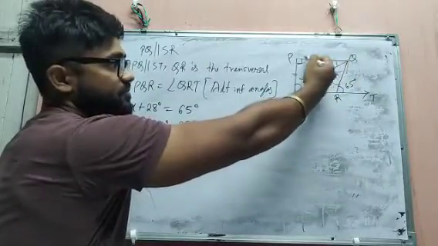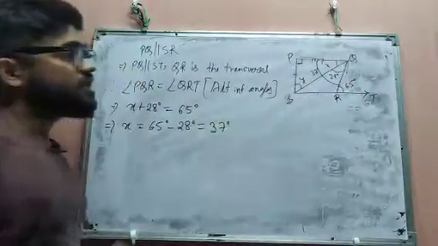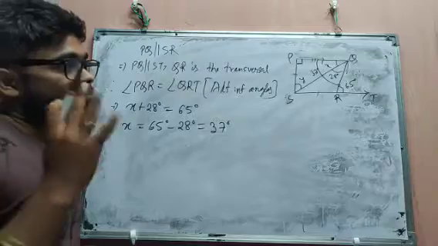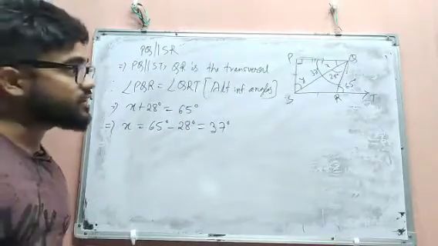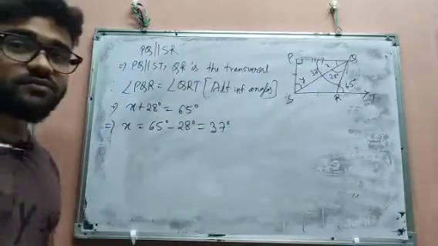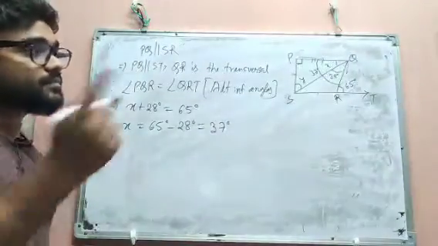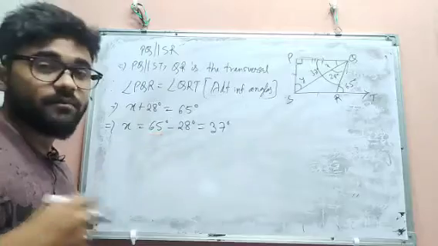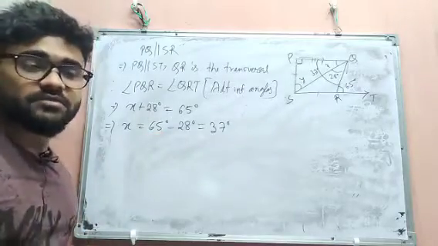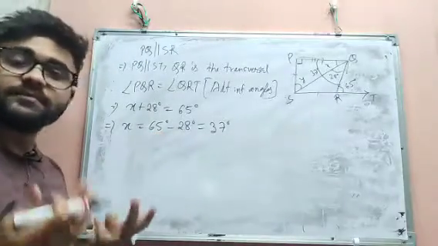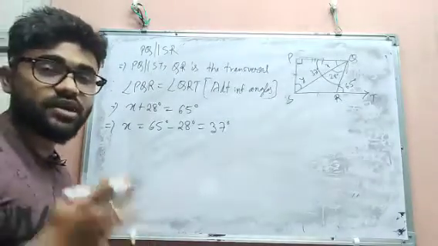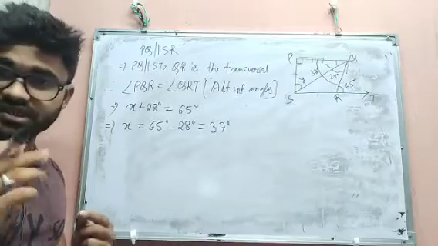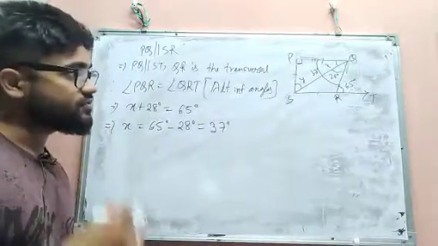Now as we got X as 37 degrees, if we see the upper triangle PQR, two angles are given. One is 90 degrees, and the other we just got, 37 degrees. If two angles are given, we can find the remaining angle by applying the angle sum property. According to the angle sum property, the sum of the three interior angles of a triangle is always 180 degrees.